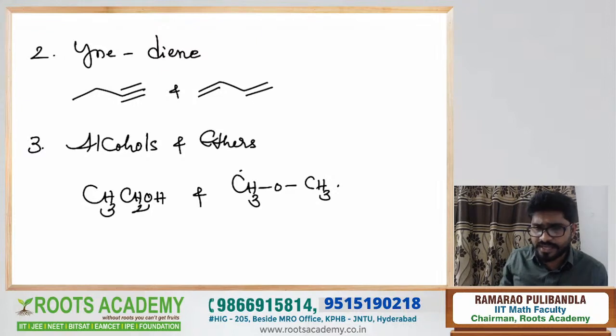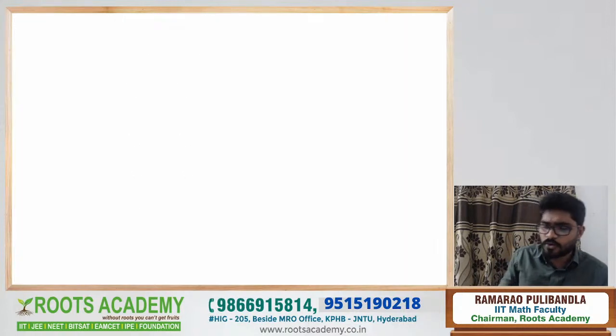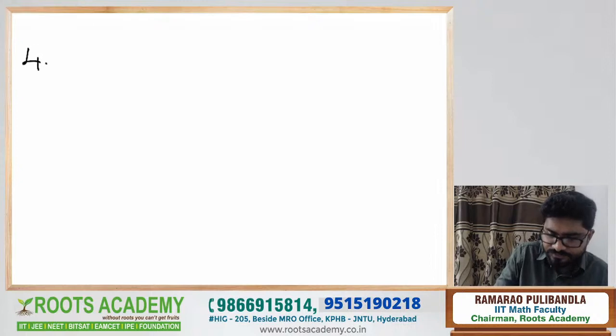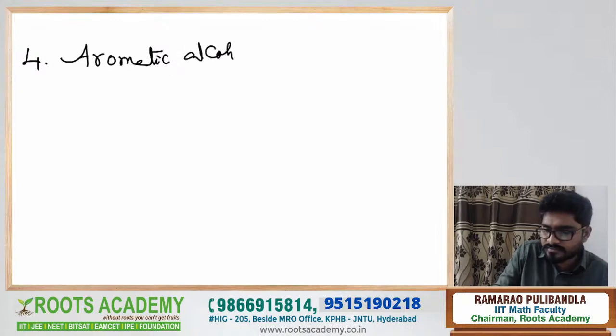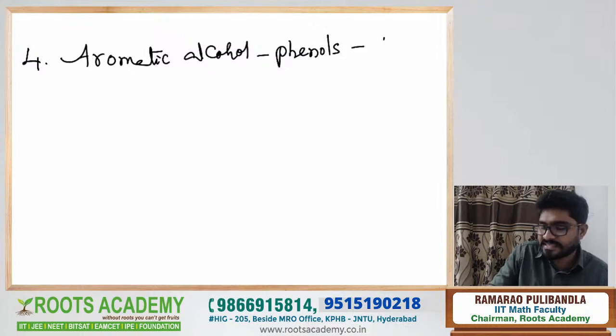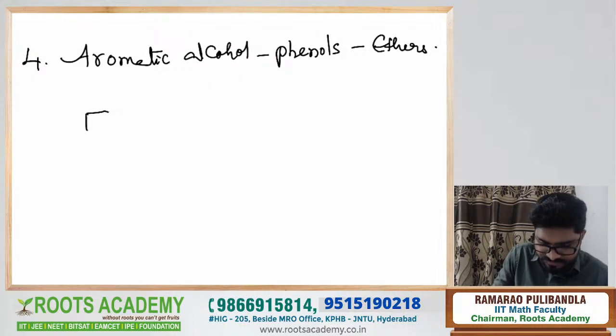Next one, guys, you take care here. Generally, you'll go wrong. The fourth one is aromatic alcohols, phenols, ethers. These are all functional isomers. Aromatic alcohol means we can take like this, no?